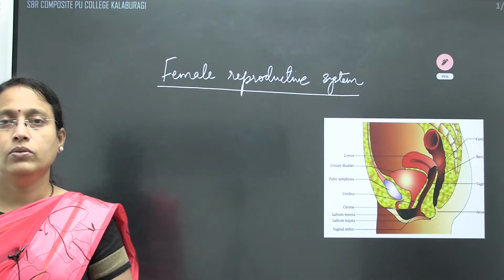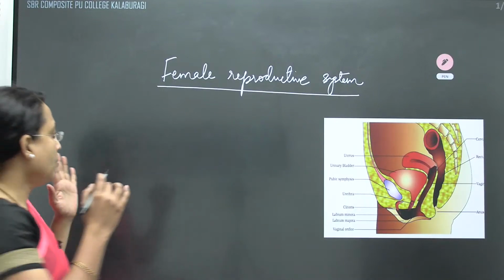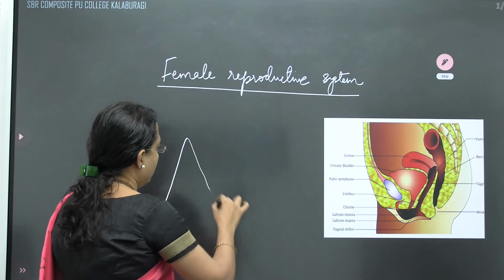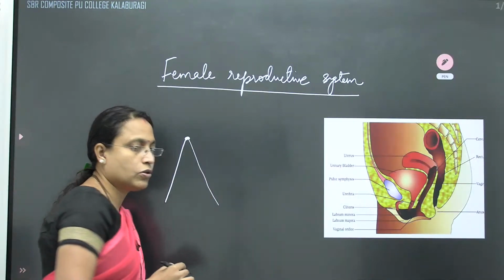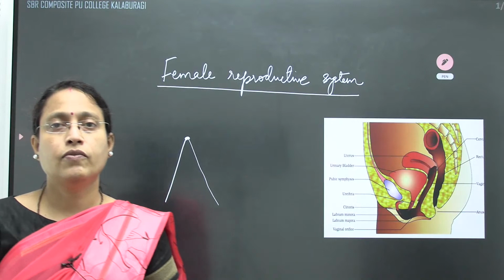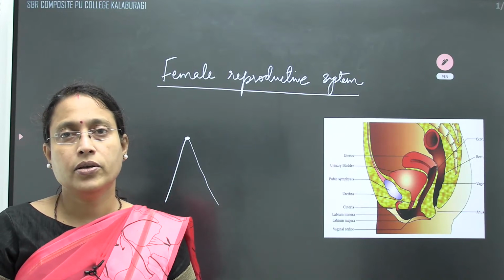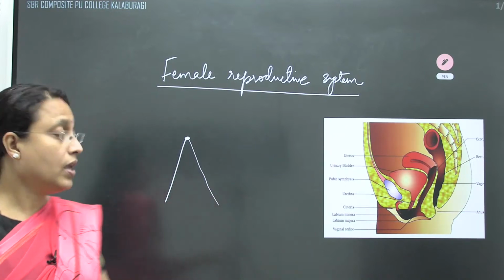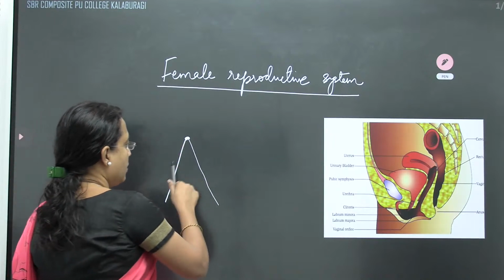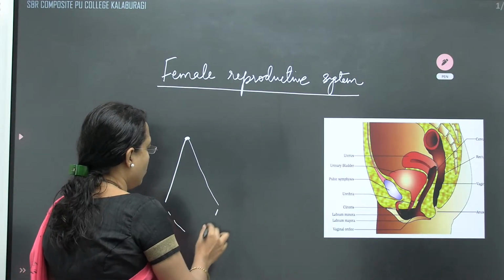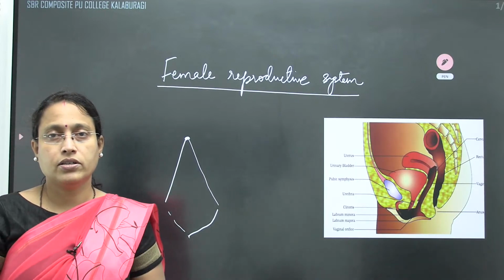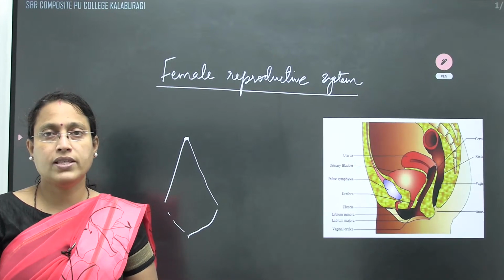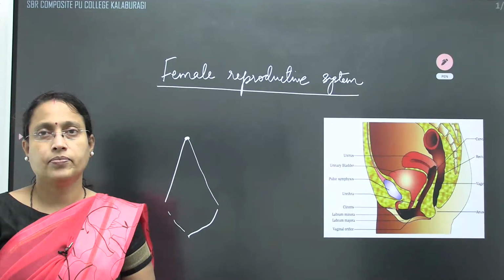The clitoris is also associated with the foreskin, the prepuce. The space in between the labia minora is called the vestibular region, or vestibulum.